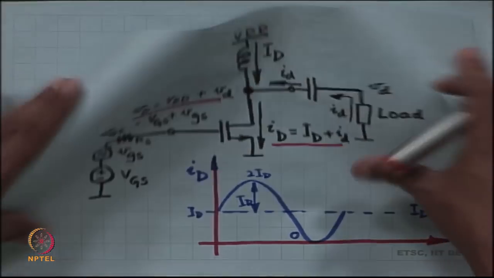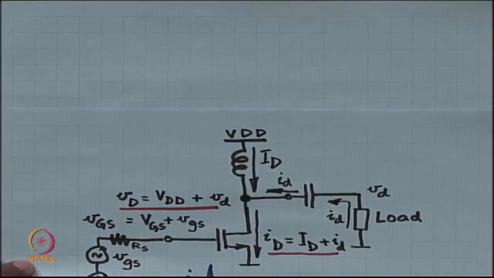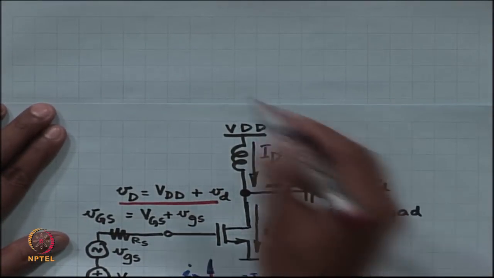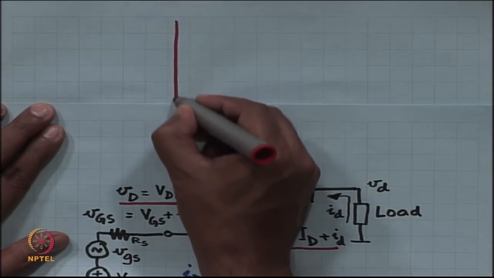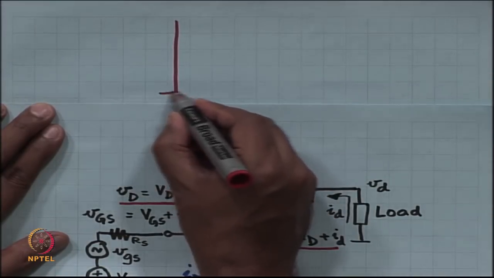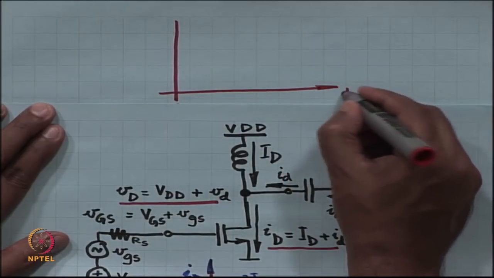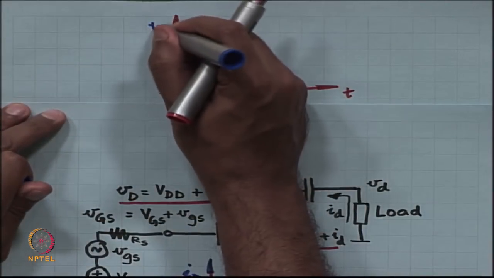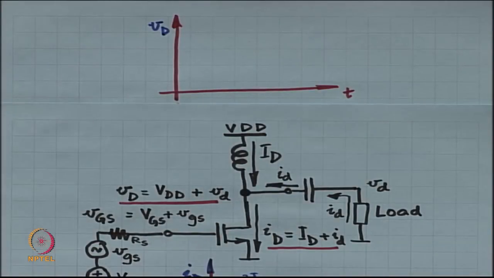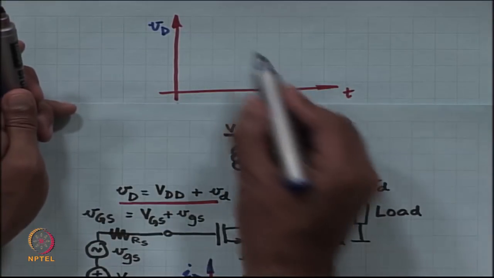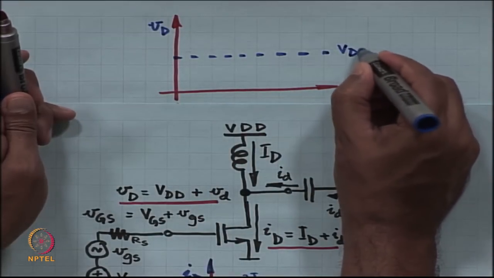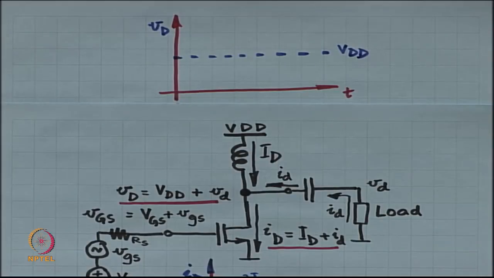So, let us look at the voltage, small v sub capital D. Now, small v_D has a DC operating point value of how much? Okay. So, the DC operating point value is VDD.